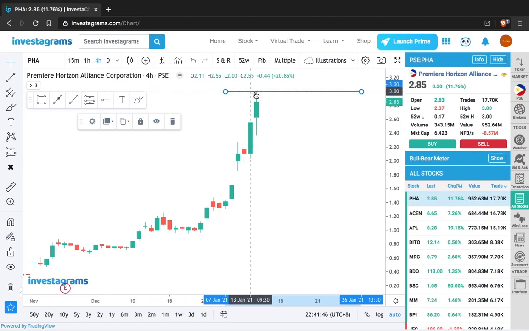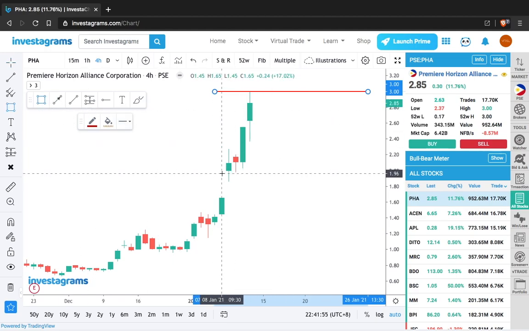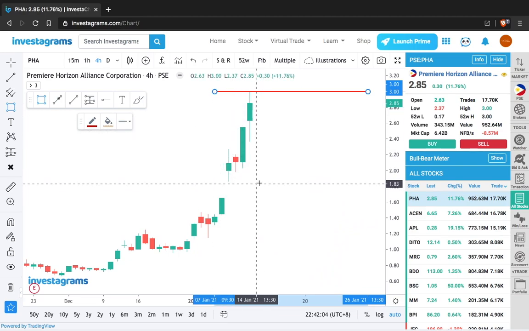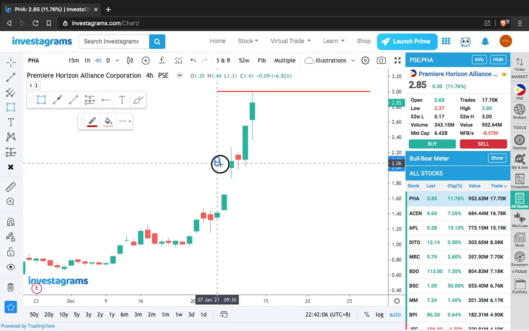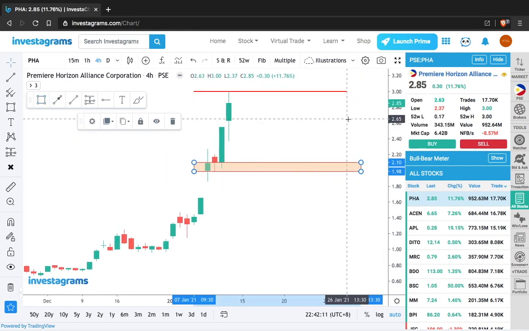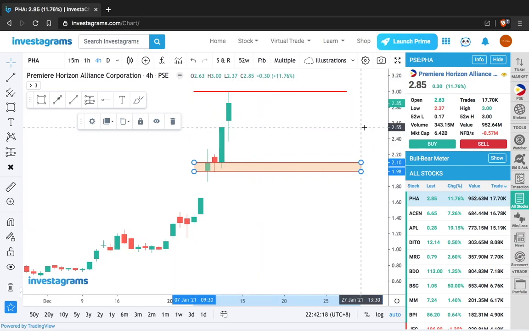So yeah, I like to include the end of the wick as my resistance, and then once again, the next thing we should do is find a support. So we were seeing a rally on the upside, and then the most recent down or pullback was this area right here. So I'm looking potentially in the future for the prices to just play along this range, maybe if this does pull back and not break out just yet.